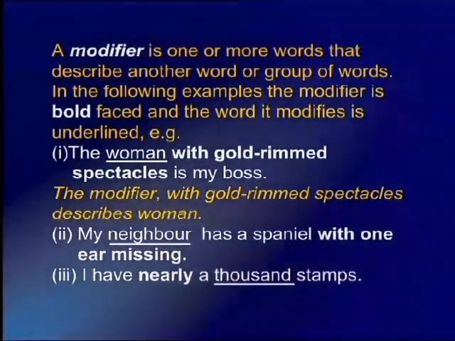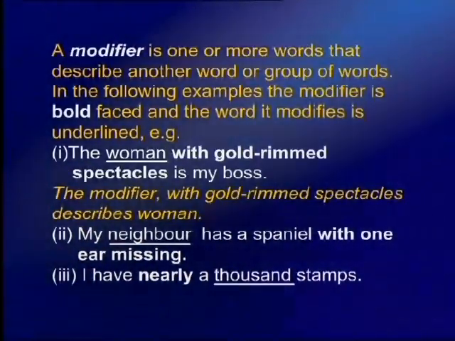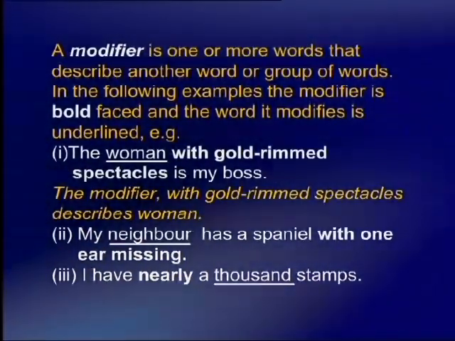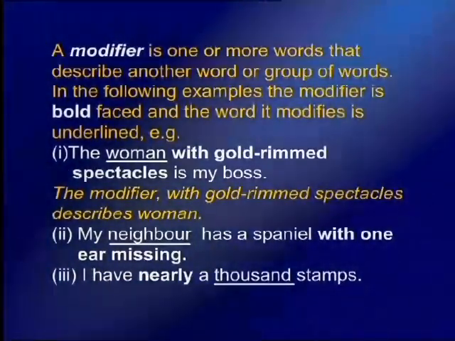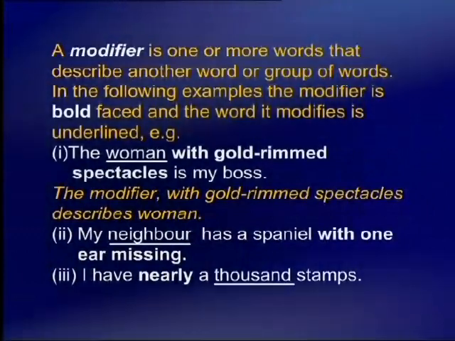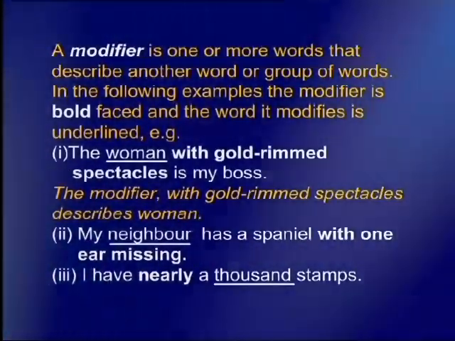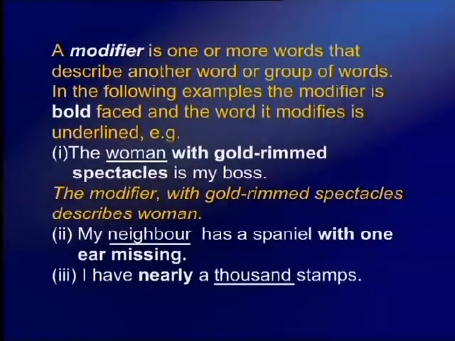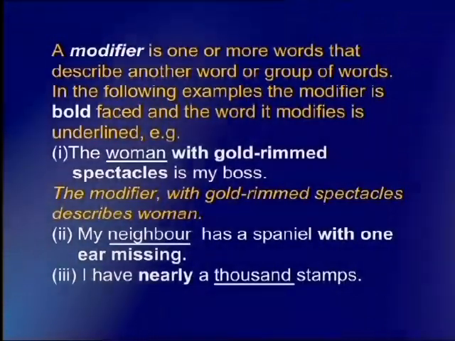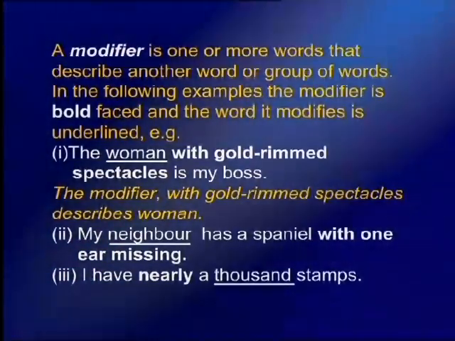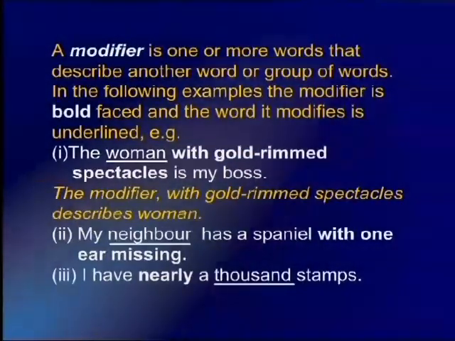right? Number 2, my neighbor has a spaniel with one ear missing. A spaniel is a dog. My neighbor has a spaniel with one ear missing. Now, the with one ear missing is the modifier. What is it modifying? What is it describing? Is it describing the neighbor or the spaniel?